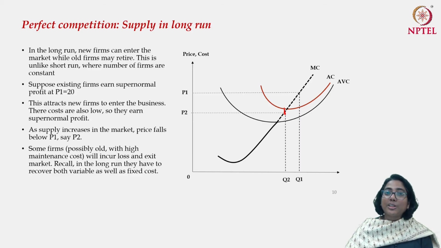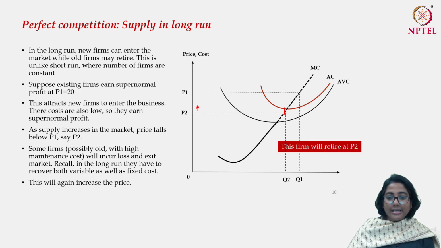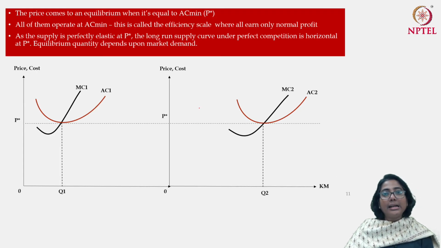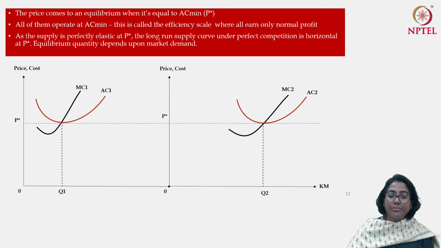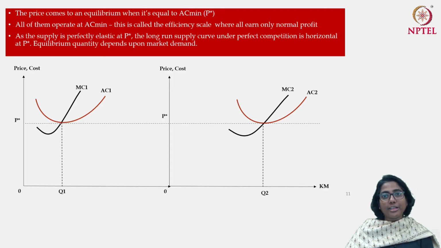Now, this will actually drive some of the inefficient farms out of the market. Once the inefficient farms are going out of the market, the supply will reduce and the price will again slowly see some kind of an upward trend. So this dynamics goes on in a perfectly competitive market in the long run, and finally the market settles down at a price where those farms will exist who operate at the minimum point of their average cost curve.